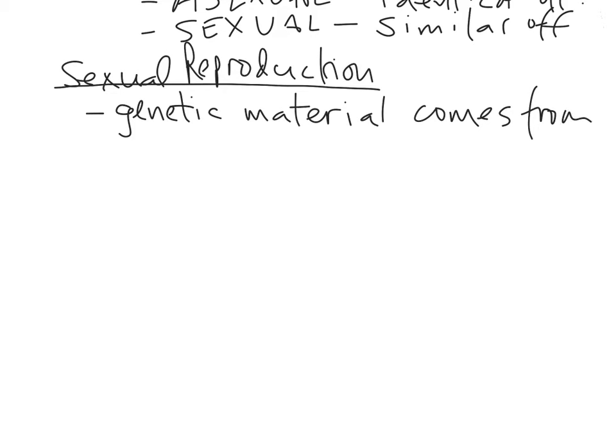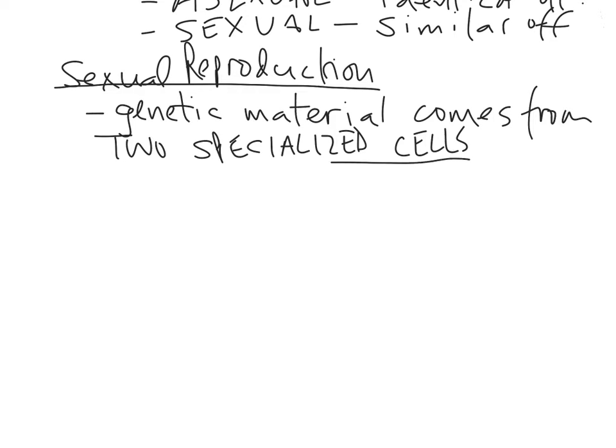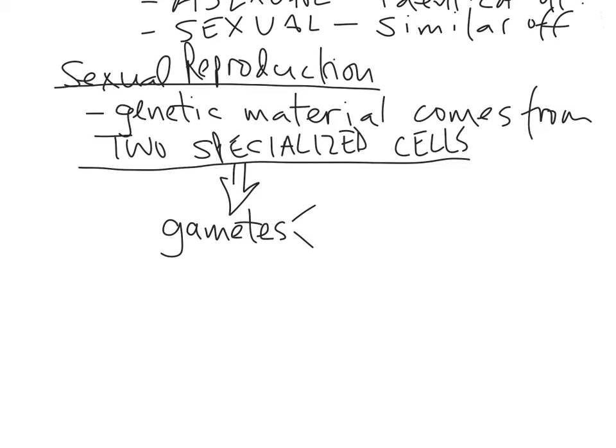It comes from two specialized cells, and these specialized cells have a special name, of course, as many things in science. They're called gametes, which I think we've mentioned before. Gametes in most higher animals come in one of two varieties.